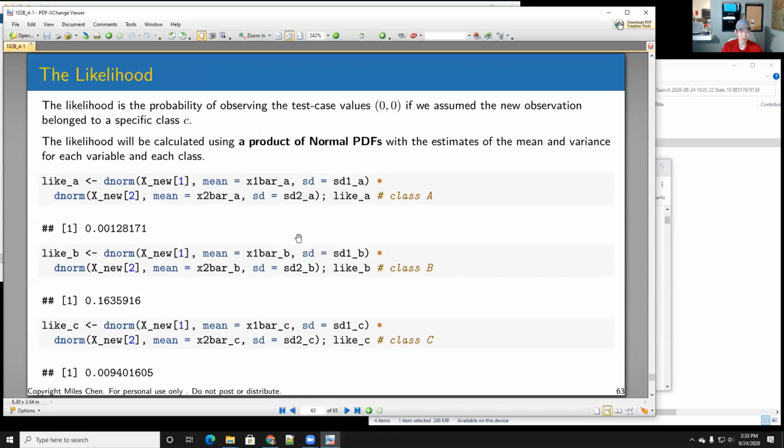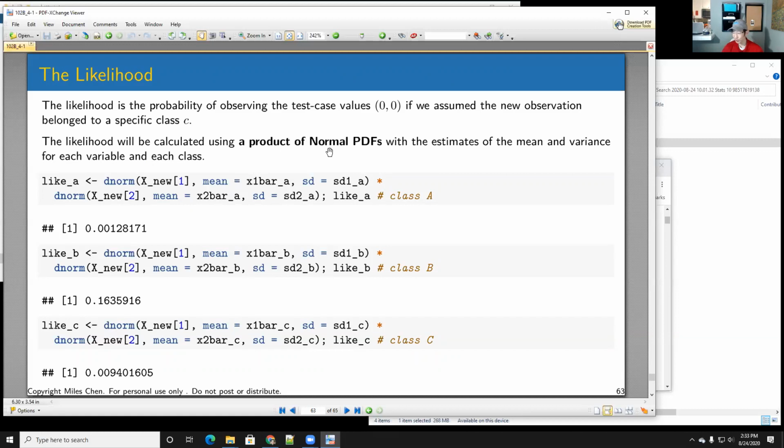So here, instead of finding the multivariate normal, I can just use dnorm of x1 and the dnorm of x2, given the mean of x1 and the mean of x2, okay? So we're going to do this for A, B, and C. I'm not using the multivariate dmvnorm, I'm just using dnorm, but I'm multiplying it for x1 and x2. So it's the product of normal PDFs.